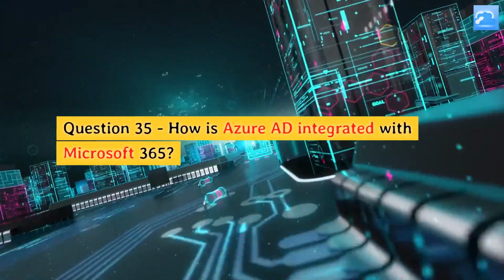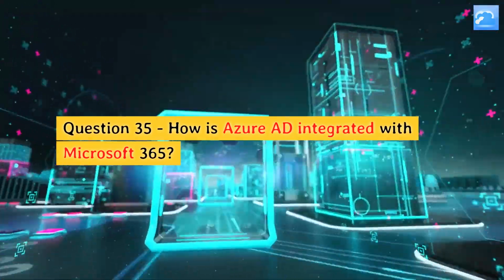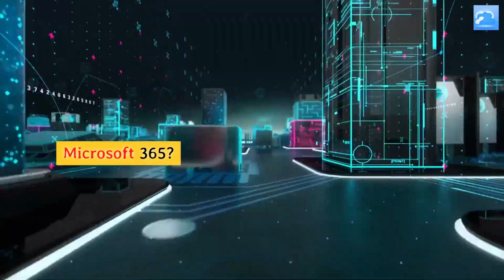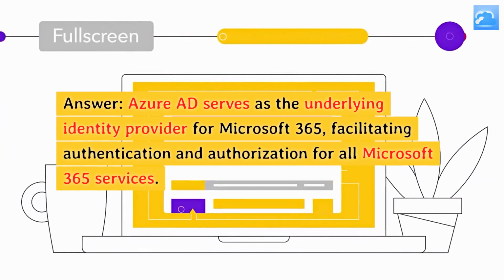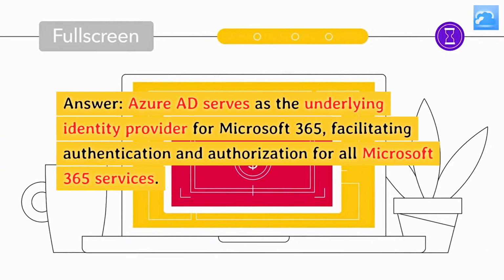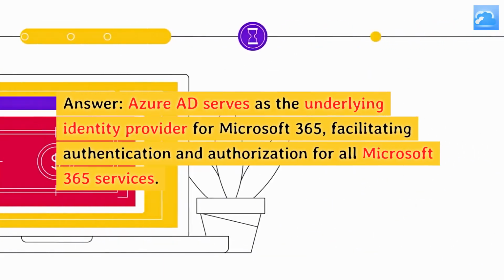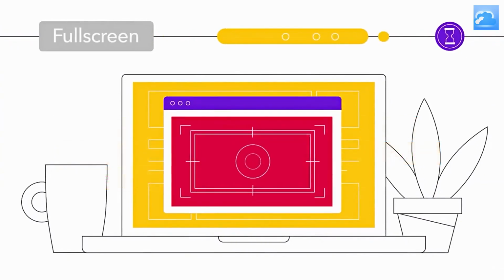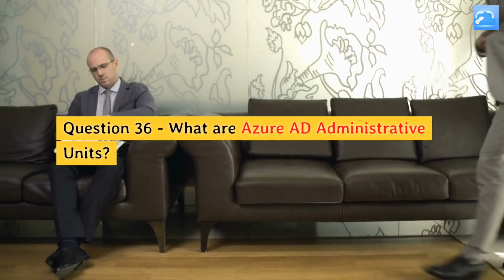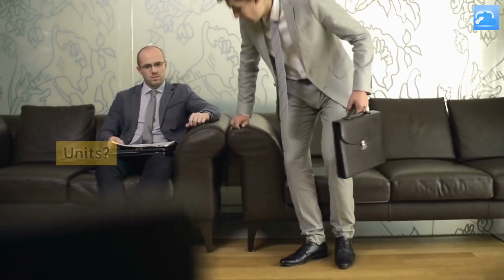Question 35. How is Azure AD integrated with Microsoft 365? Answer: Azure AD serves as the underlying identity provider for Microsoft 365, facilitating authentication and authorization for all Microsoft 365 services. Question 36. What are Azure AD administrative units?